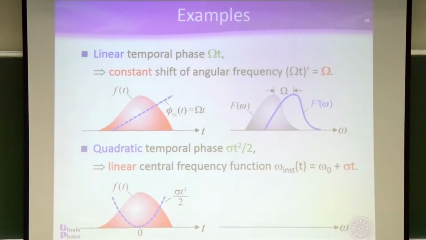Again, we apply the formula, just performing a first-order time derivative of your phase modulation function. It's well known that a quadratic function after time derivative is a linear function. So we get sigma times t. The frequency shift is a linear function of time, sigma times t.